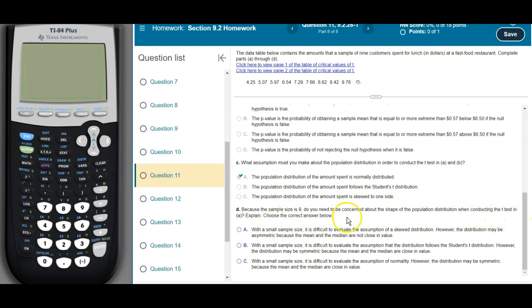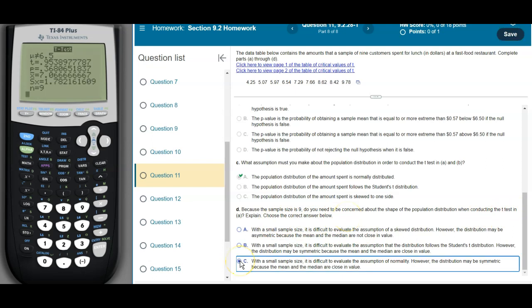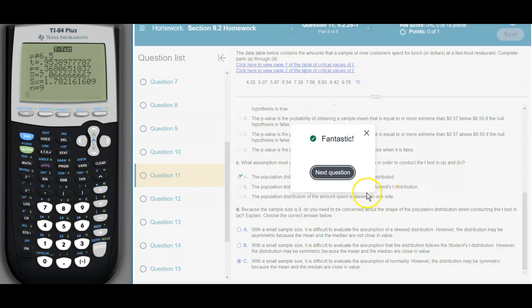All right, and explain. We can select C because we want to figure out always that something is normally distributed, right? So it's a bell shape. So that's all that concerns us, right? And let's check it, and that's all.